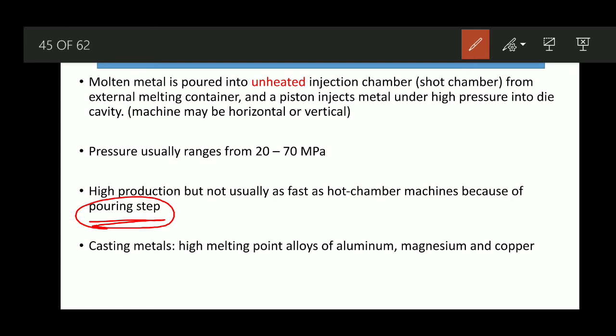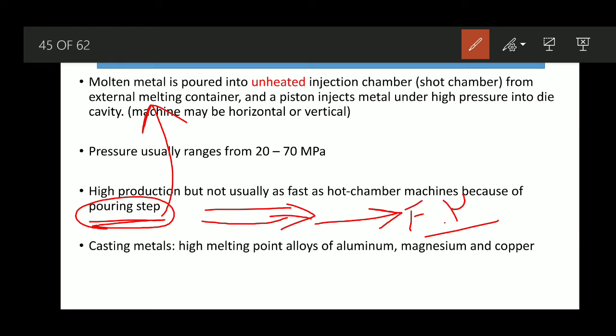Pouring step means we externally melt the metal with which we want to cast, and in that chamber we have to pour the molten metal very properly. After that only we can think of forcing the molten metal with the plunger to enter the mold cavity, or the die cavity. But in between, we definitely have to have the molten metal inside that container.